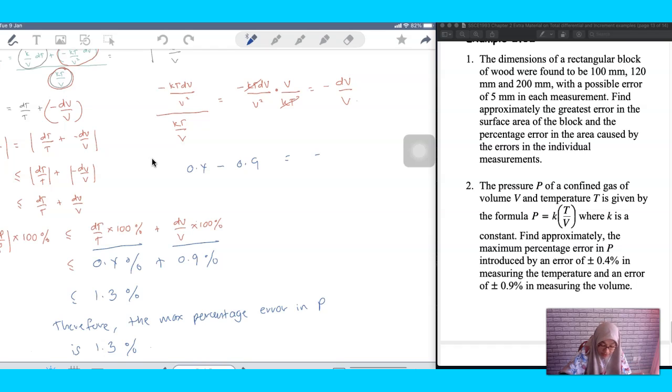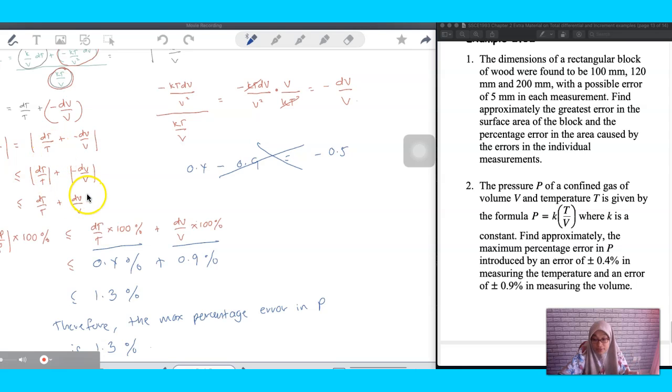You will get negative 0.5 or maybe just 0.5, where the answer is wrong because you forgot to split the absolute into terms by terms. So make sure that all the terms are all positive. All right, so that is for the number 2 question.